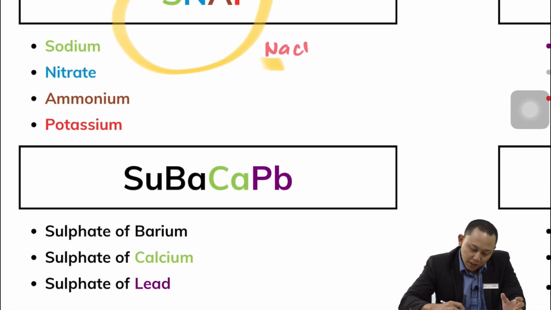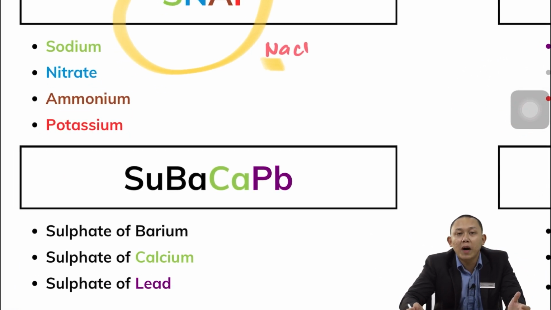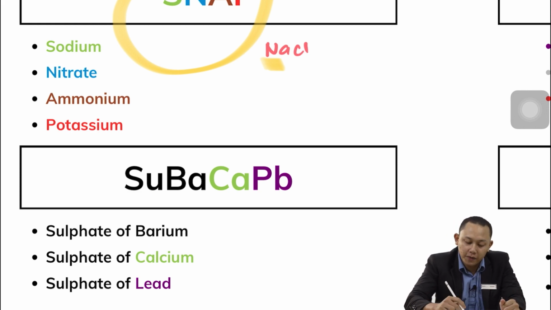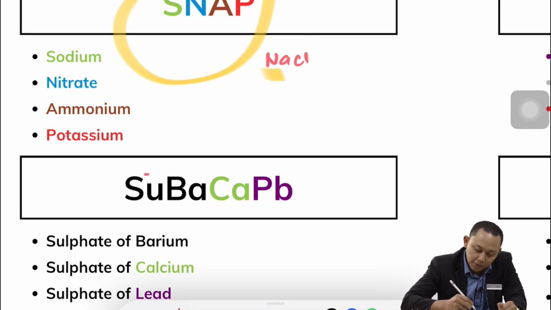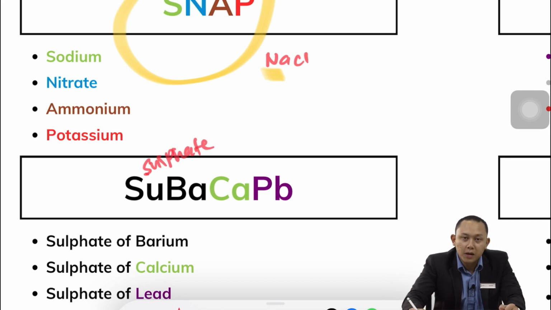So how do we pronounce this one? Subakap. What is Su? Su stands for sulfate salt. Ba is for barium, Ca is for calcium, and Pb is for your lead.